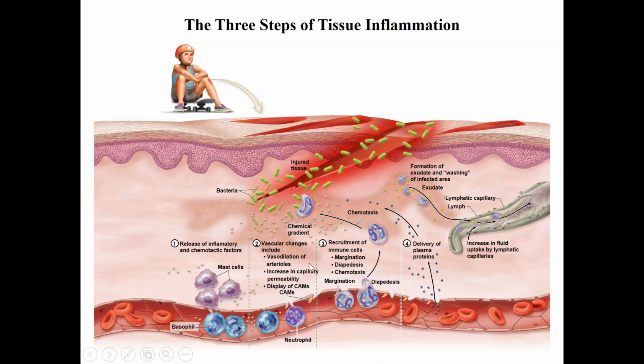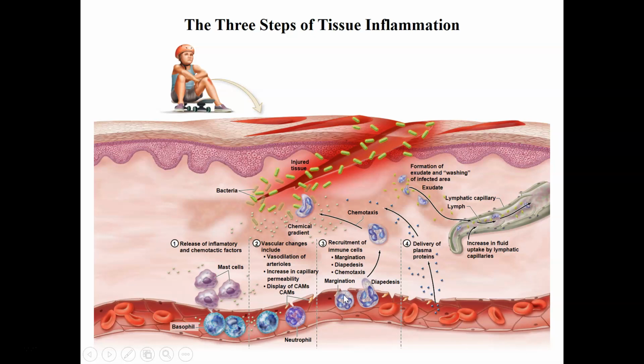All right, so step 1 is margination. Here is an endothelial cell producing a CAM, protruding into the bloodstream. You don't see that on endothelial cells up here, only in the area of tissue damage or infection. These are going to latch onto circulating white blood cells, and it's going to pull them to the margin.